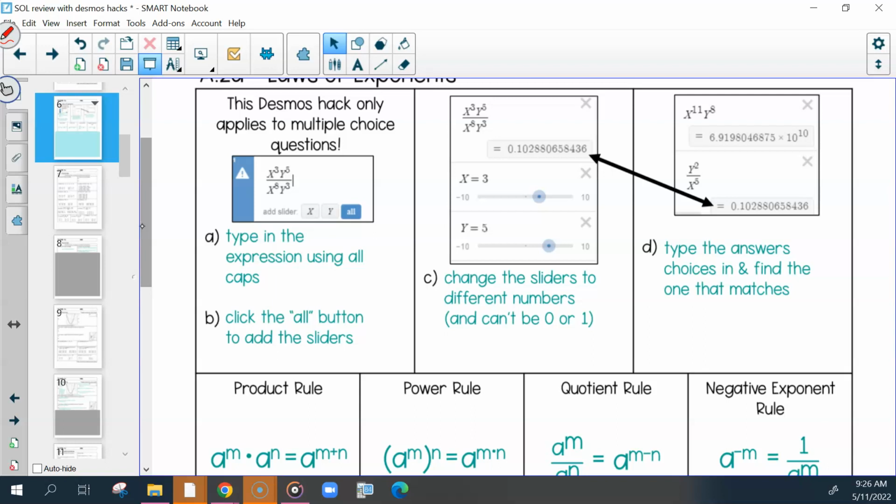So basically, these two are the same steps as what you just wrote down. Type in all caps, click all for the sliders. Change the sliders to the different numbers. This can't be 0 or 1. And then type in the answer choices and find the one that matches. And we've talked about that and done that before.